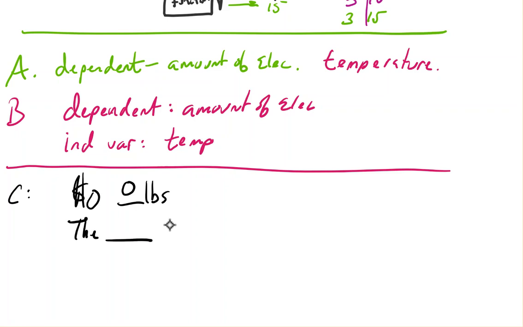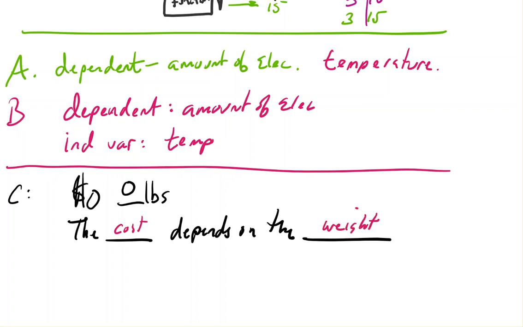The what depends on the what? Remember, no package, you don't pay anything. The cost depends on the weight. So now you have your answer for question D: dependent variable, independent variable.